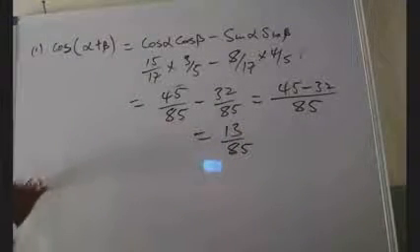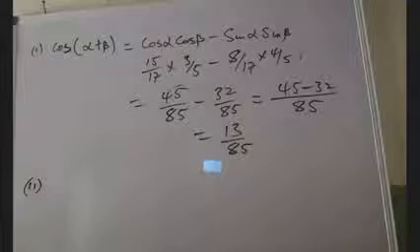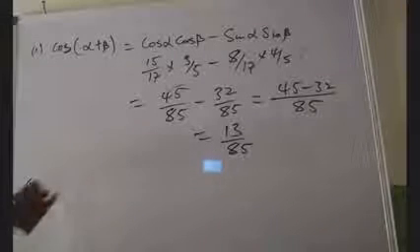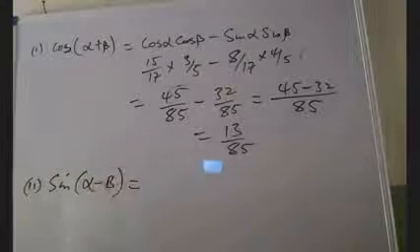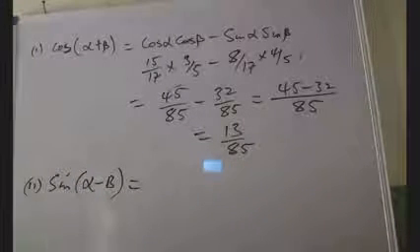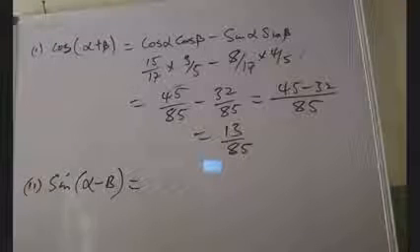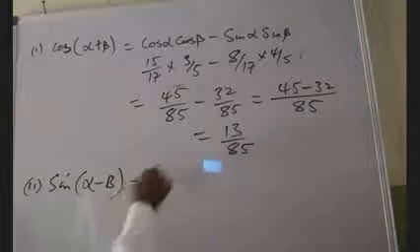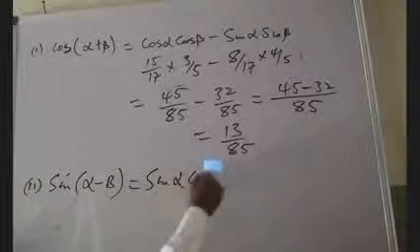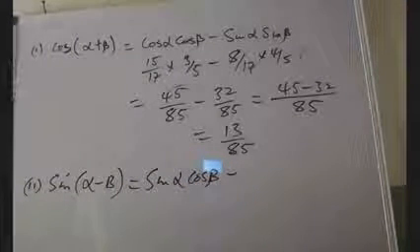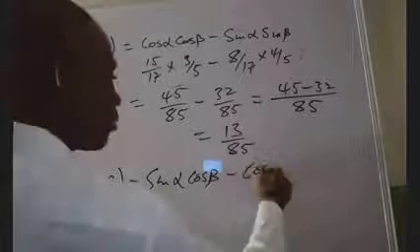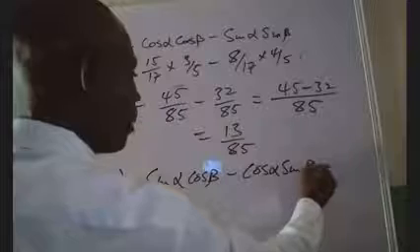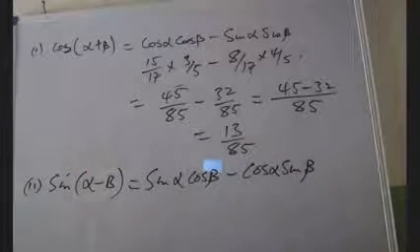Then number 2, we have to find sine alpha minus beta. Sine alpha minus beta is written as sine alpha cos beta minus cos alpha sine beta. So what do we do?